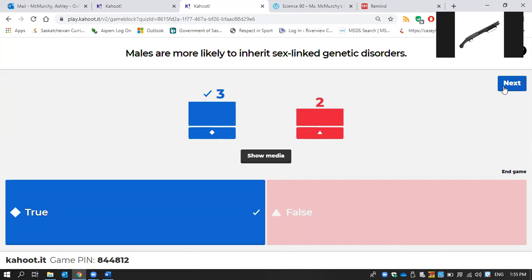So it's either they have it or they don't. Males have a bit of a disadvantage there. It doesn't matter if it's recessive or dominant, it's going to happen if it's passed on in the genes.